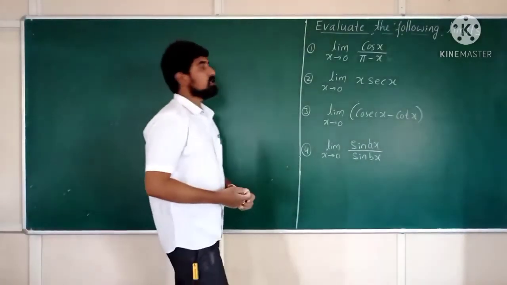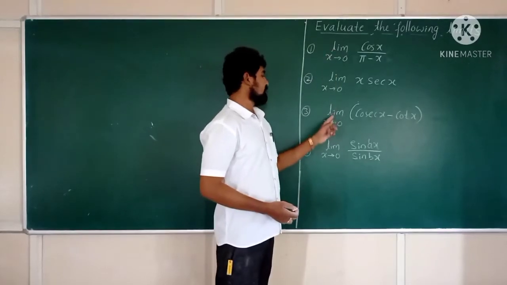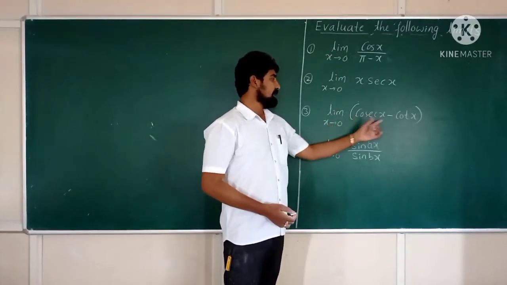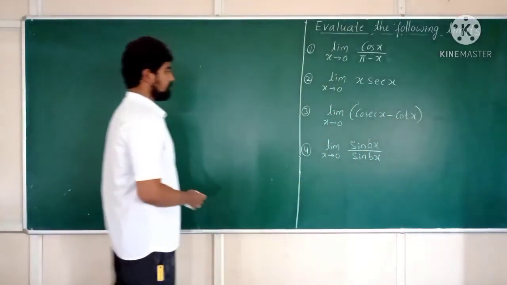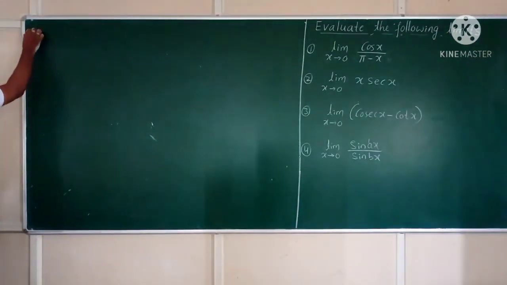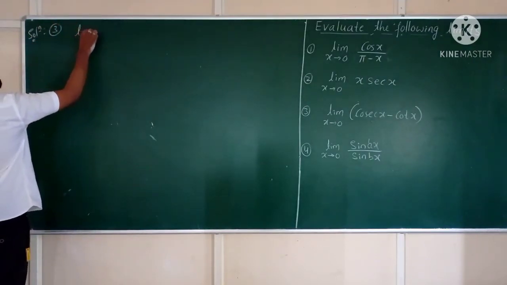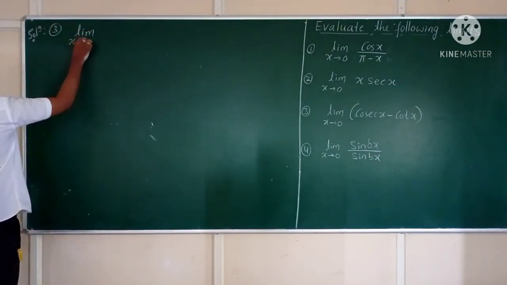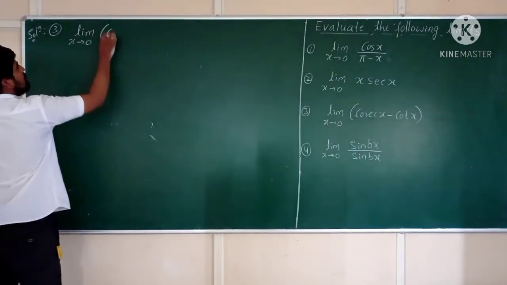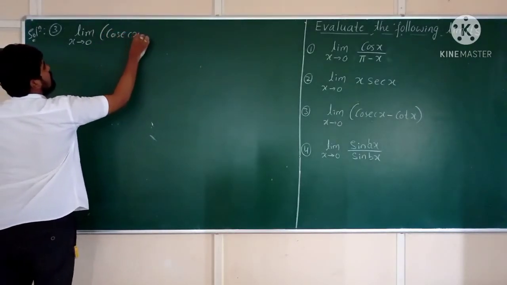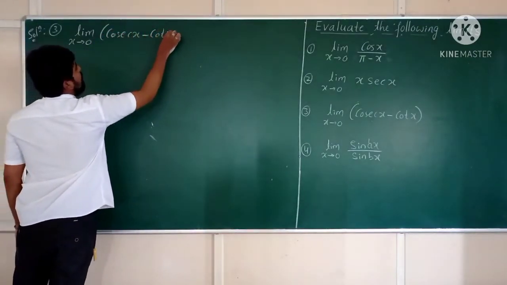Now the third question is evaluate limit x tends to 0 cosecant x minus cot x. Let's start the solution. It is given limit x tends to 0 cosecant x minus cot x.